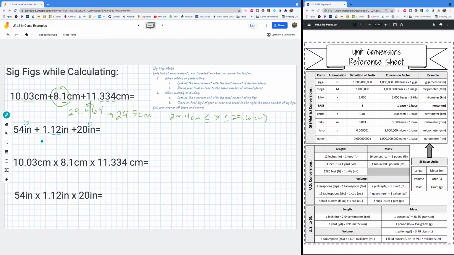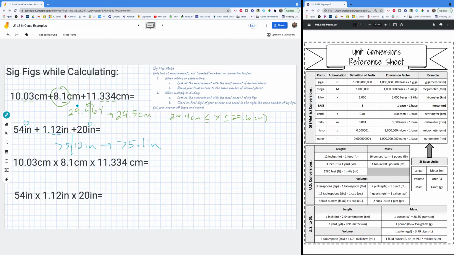So 54 plus 1.12 plus 20 is probably about 75.12. Now, like I said, I don't want any decimals, so I'm going to round right there. The 1 would round down, so my actual answer is 75 inches.